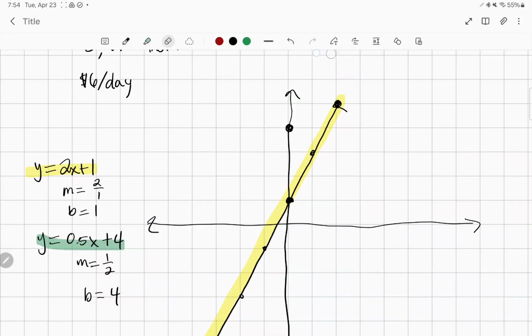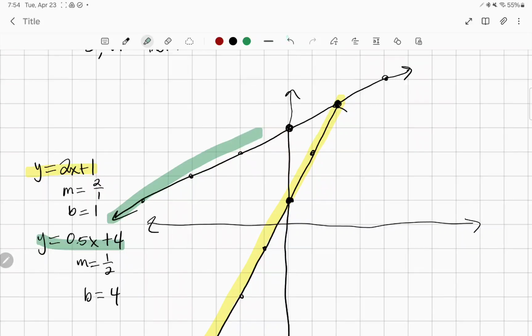Let's erase this. Up 1 over 2, or down 1 over 2, down 1 over 2. And so here is my graph for that second one. See if I can get a little straighter. Right there. And you can see where they cross.